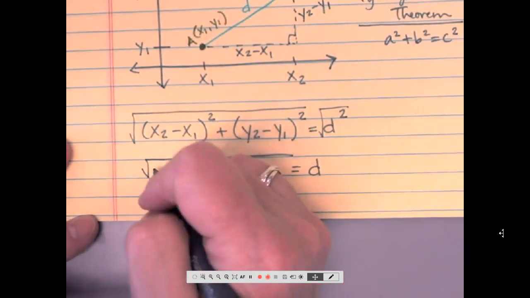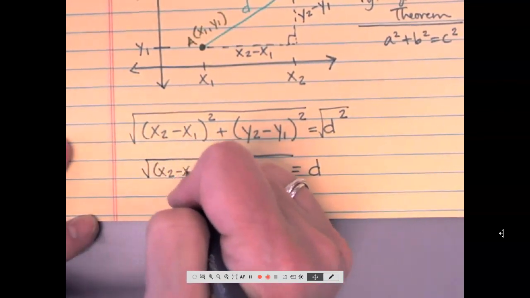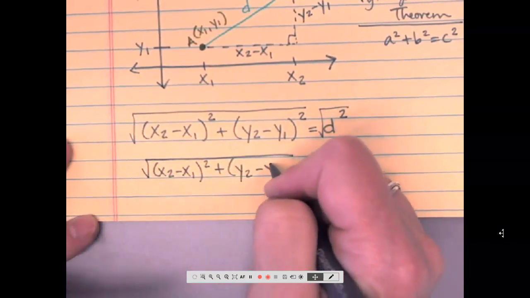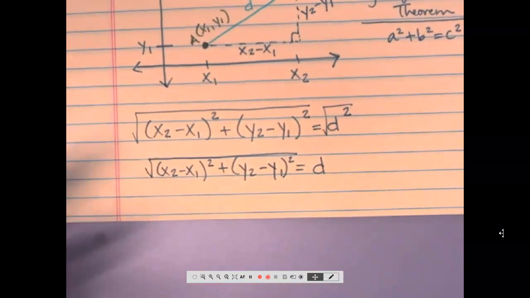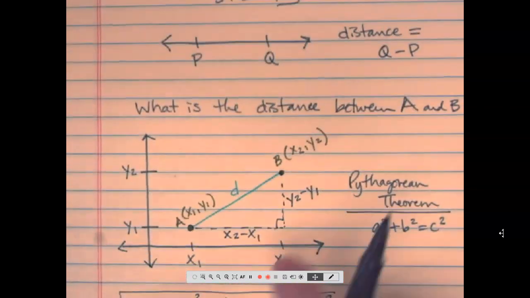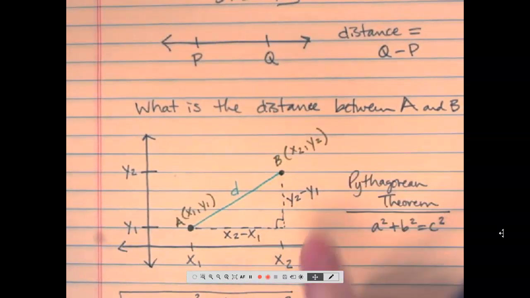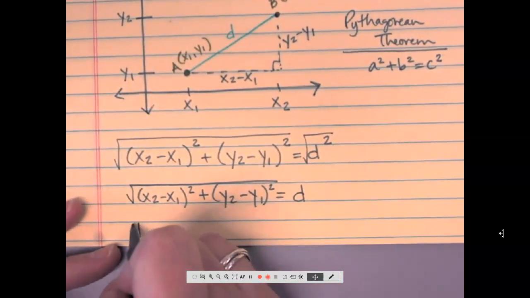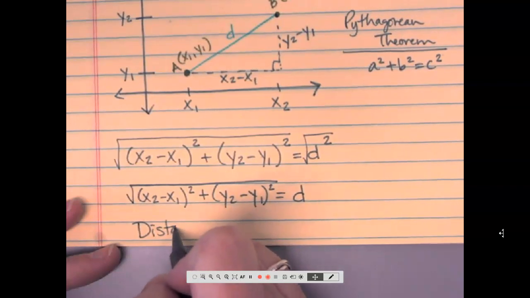So it's going to state all of this stuff. x2 minus x1 squared plus y2 minus y1 squared. Does that look familiar? It should. It's the distance formula. Isn't that what we were doing anyway? We were finding the distance between two points. This is our distance formula. So distance between two ordered pairs.